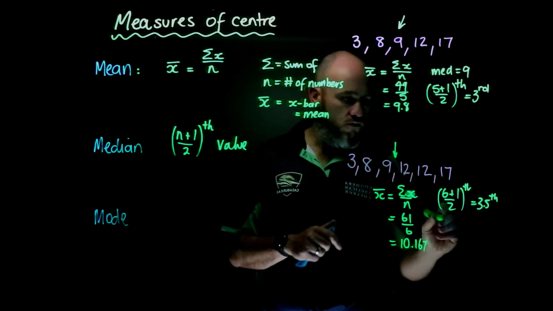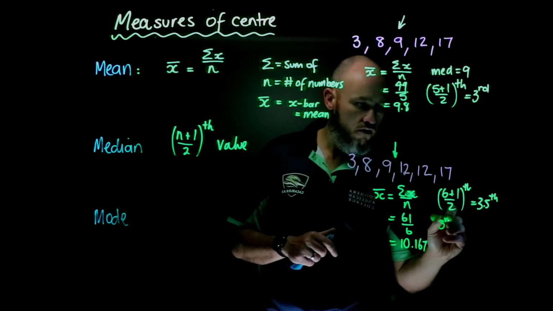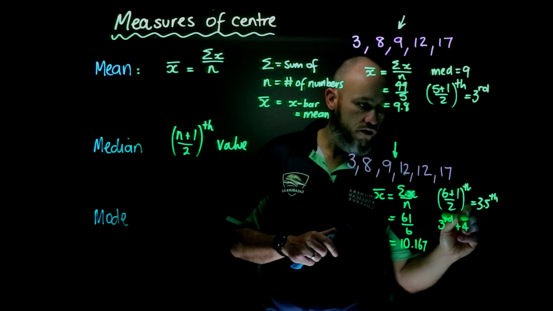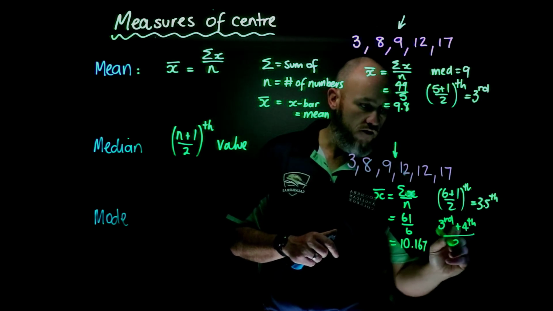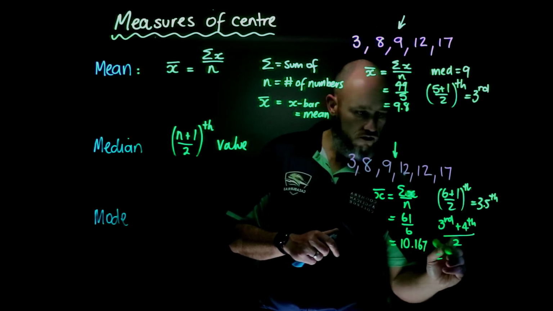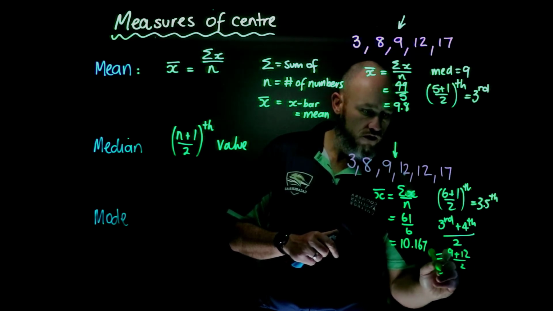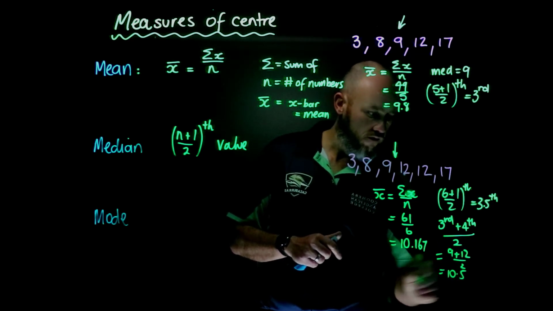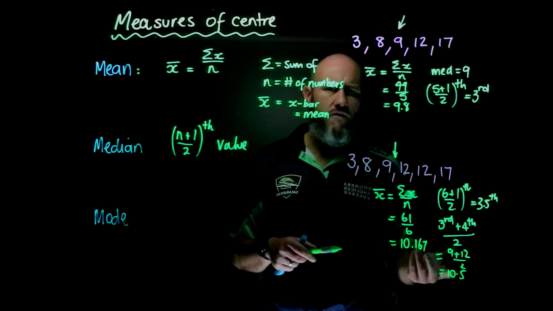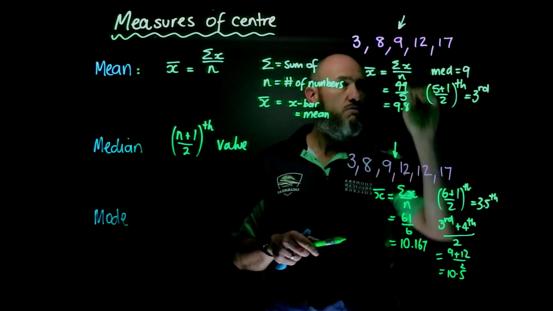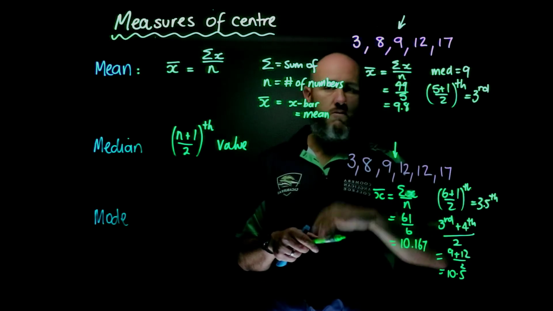So to get that value, we just take the 3rd and the 4th, and we take their average. So that will be equal to (9 plus 12) over 2, which is 10.5. So 10.5 is the median of this data set, whereas 9 is the median of the top data set.